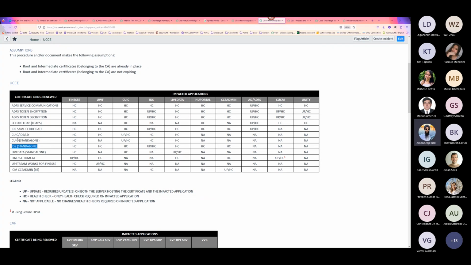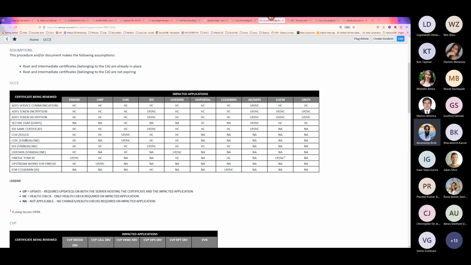So the idea behind this KB was that you come here and look: okay, I'm performing the cert renewal on IDS, so where do I need to perform health checks? Where do I need to make an actual change? HC stands for health check. UP stands for update. And NA stands for not applicable. Update means it requires an update on the server where the cert is expiring and on another application.